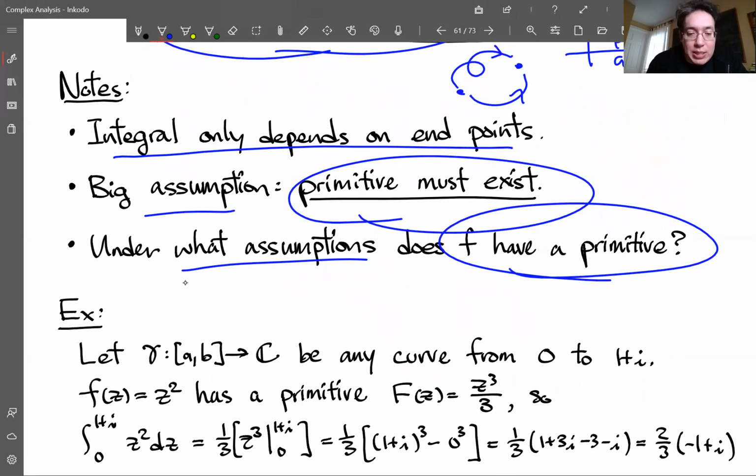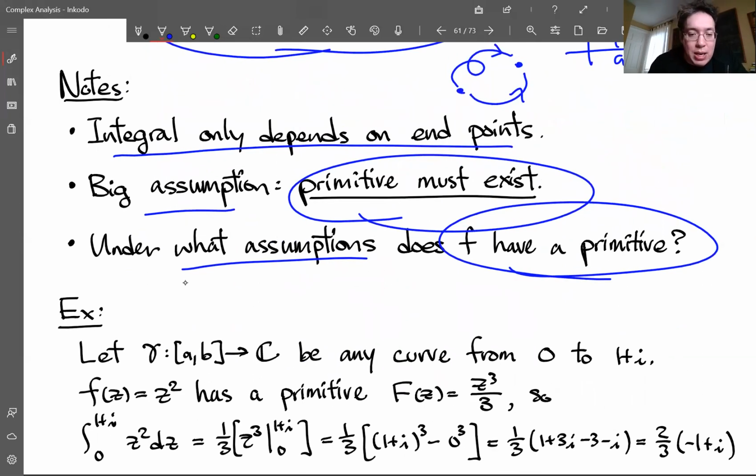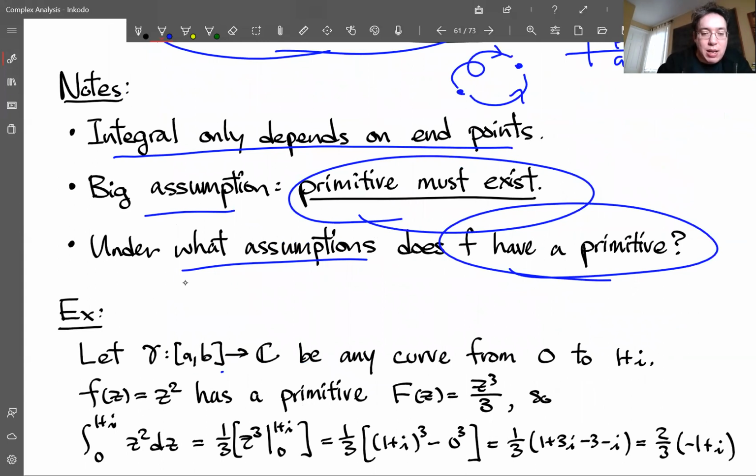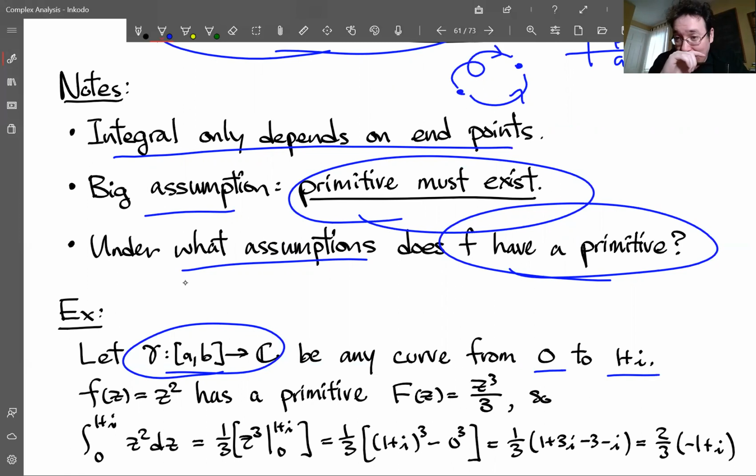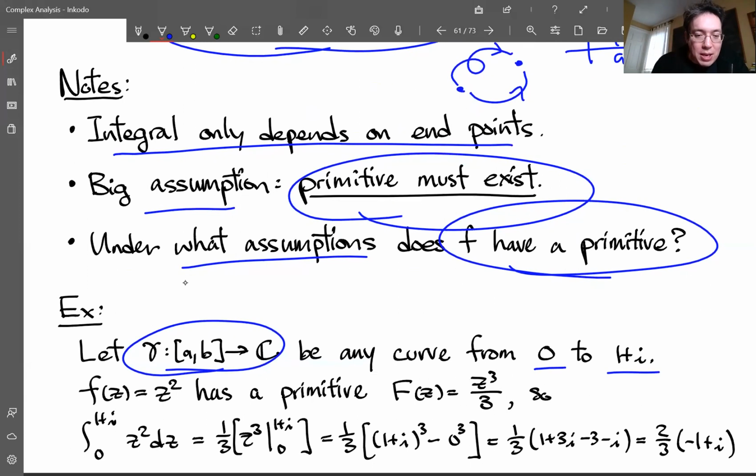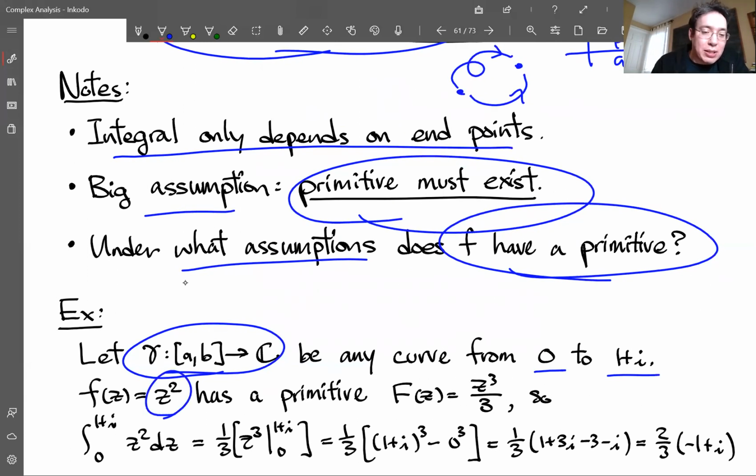Okay, so let's do an example of computing something like this. So let's say gamma is a curve that's connecting from 0 to 1 plus i. I used the example of the straight line from 0 to 1 plus i, but now I know that I can take any path I want. And then let's say I want to integrate the continuous function z squared, which has a primitive z cubed over 3.